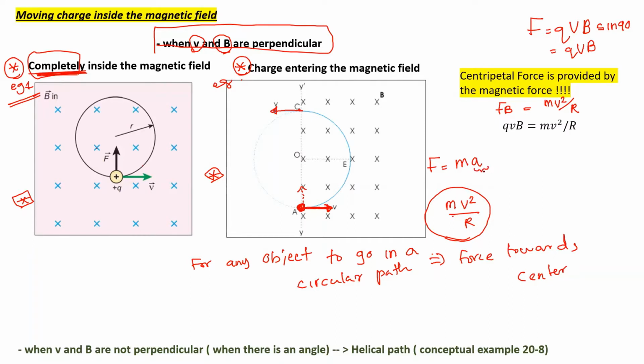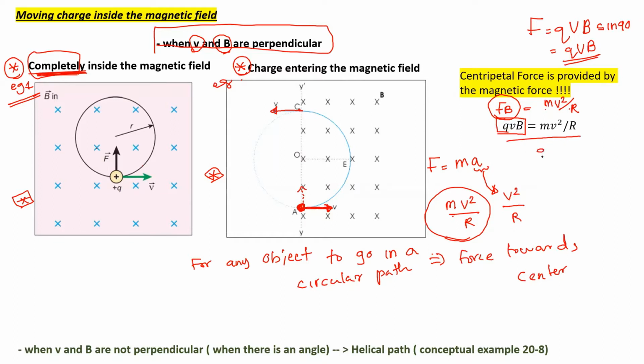So acceleration in circular motion, which is called the centripetal acceleration, is given by v squared over r. So that is what I just did. I equated my force provided by the magnetic field to ma, mass times v squared over r. So this is my force provided by the magnetic field, QVB. So this gives me a new equation.